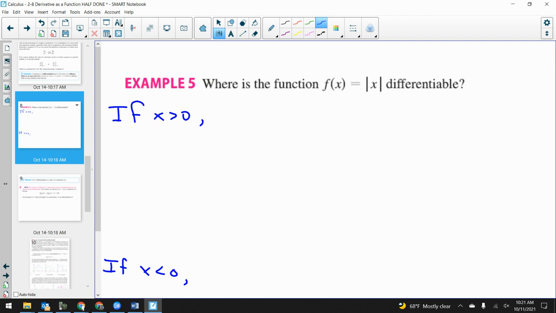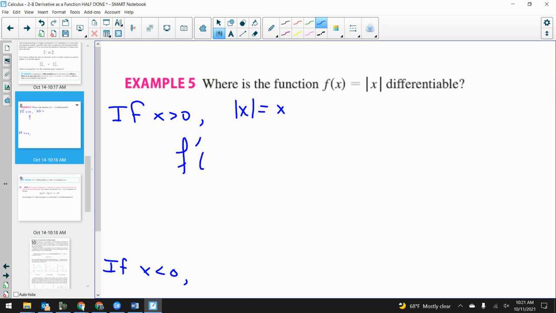So let's explore the possibility of it being positive. If x is positive, what is the absolute value of x really equal to? Just x, right?